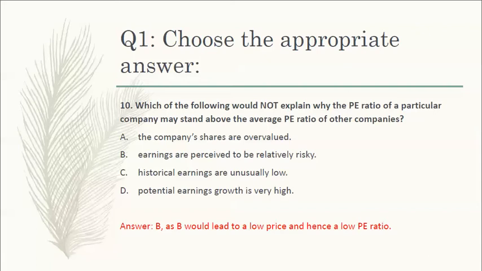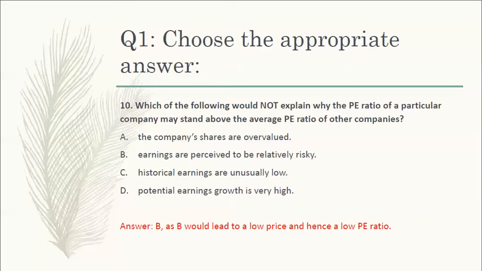Second choice, that earnings are perceived to be relatively risky. Third choice, historical earnings are unusually low. Fourth choice, that potential earning growth is very high.